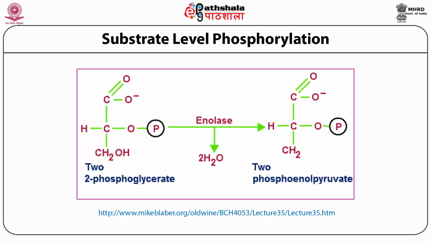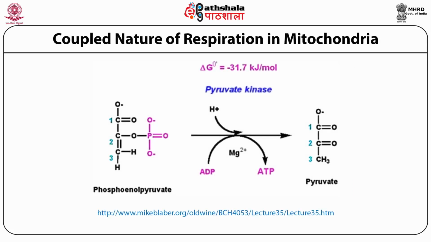For example, as a consequence of the removal of a molecule of water, the low energy ester linkage of phosphate in 2-phosphoglyceric acid is converted to a high energy enol linkage in phosphoenolpyruvate as shown in the figure. If you see in the figure, the high energy linked phosphate can then be transferred to ADP, the consequence of which is generation of an ATP molecule.